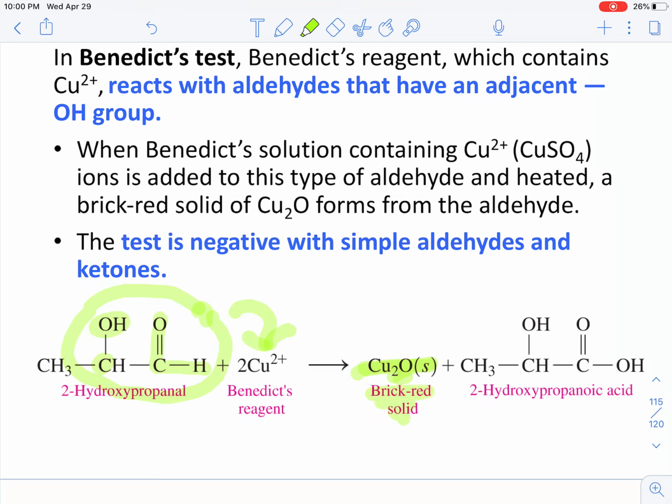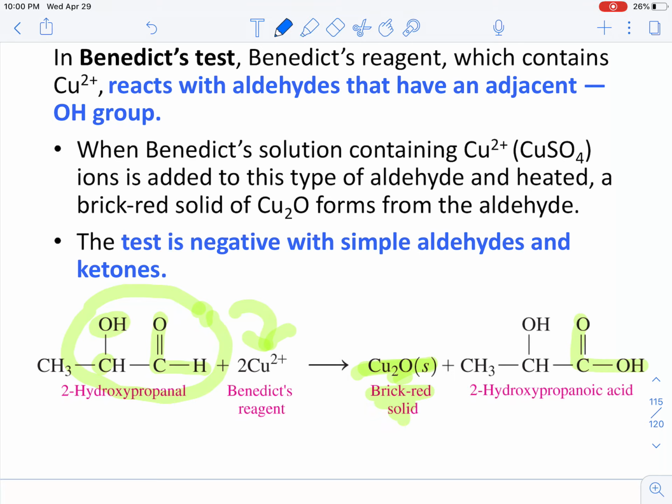And what you get is the oxidized form of that aldehyde, which is going to be a carboxylic acid. And so if you only have an aldehyde and there's no alcohol one carbon away, then it will result in a negative test. So it's going to produce a negative result for Benedict's test.